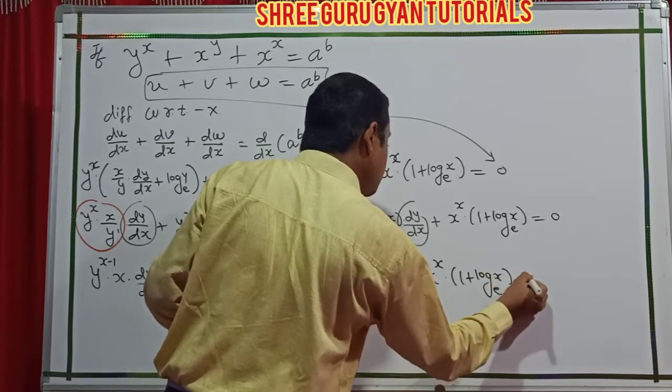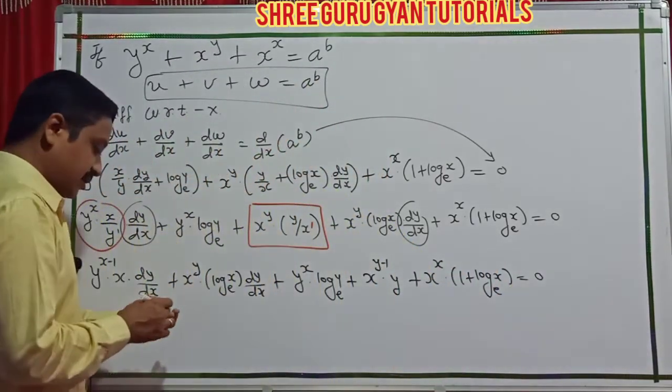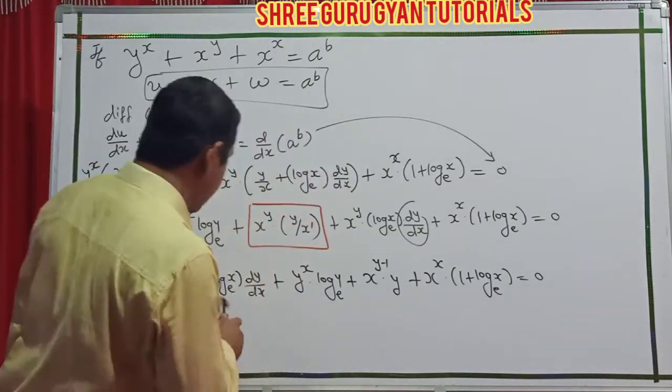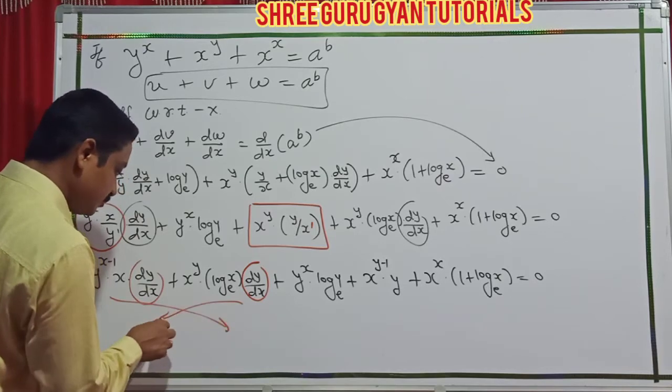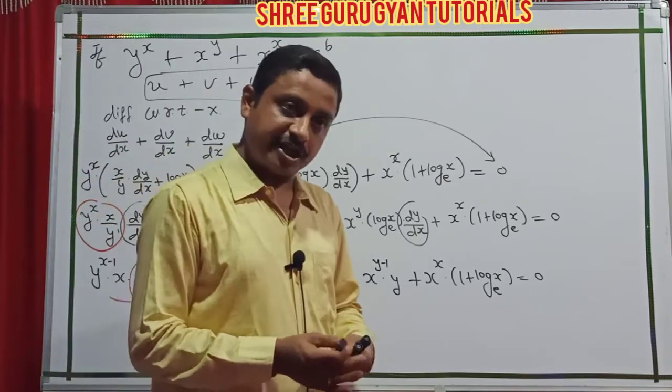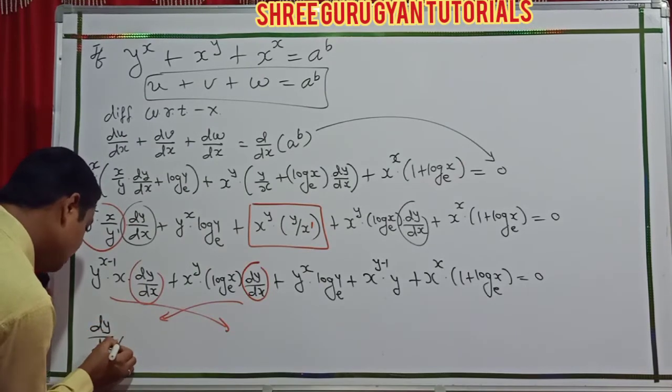Now students, my target is dy by dx, and taking common in both values, this dy by dx is common in this form too. So you just take dy by dx common, and what is the remaining?